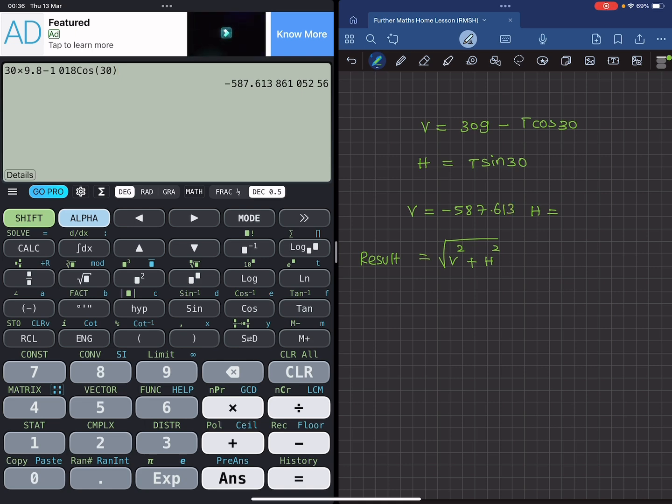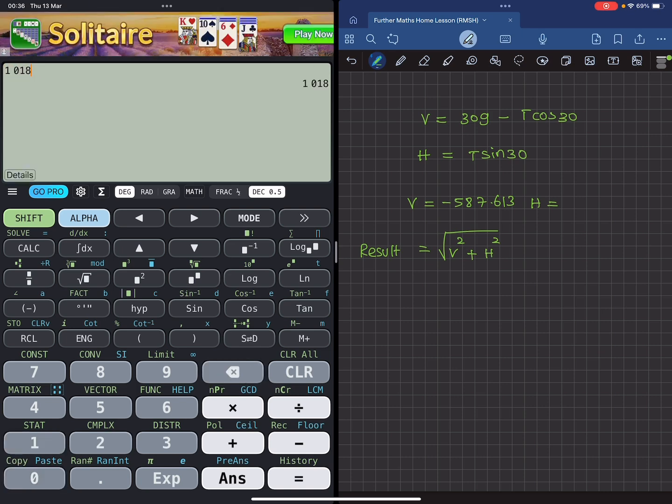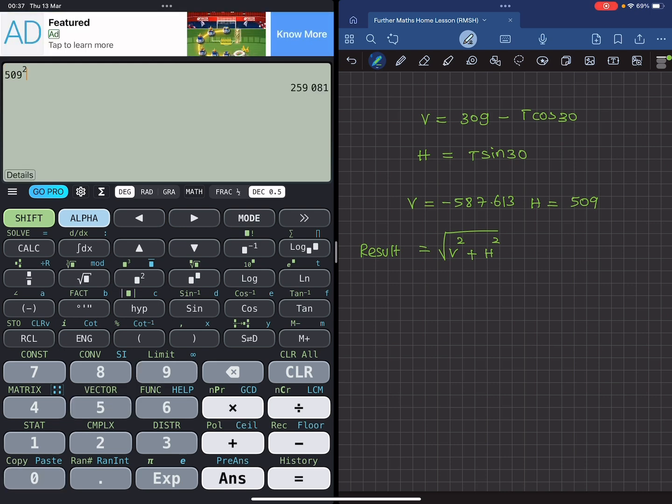And then H is going to be T, which is 1018, times sine 30, which is 509. And then if you put that in the calculator, you should get the answer: 509 squared plus 587.6 squared, and then square root this answer. You will get 777 Newton.